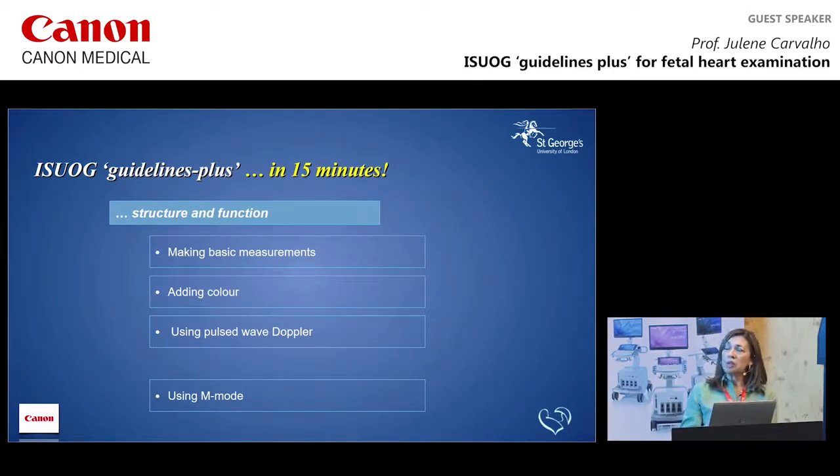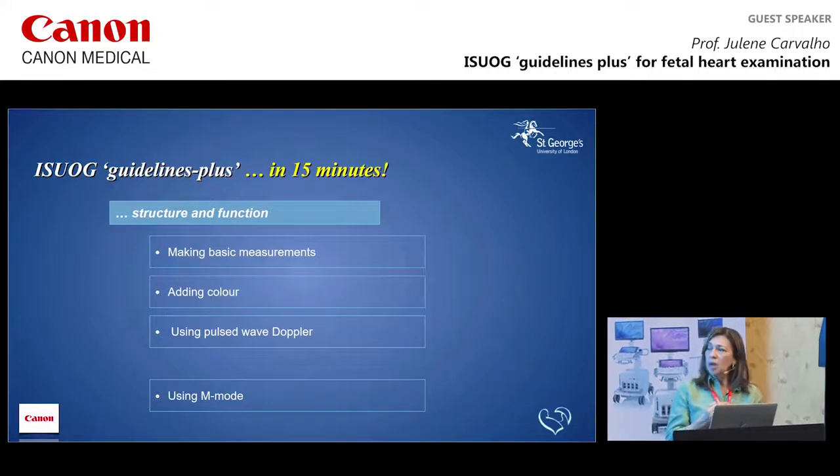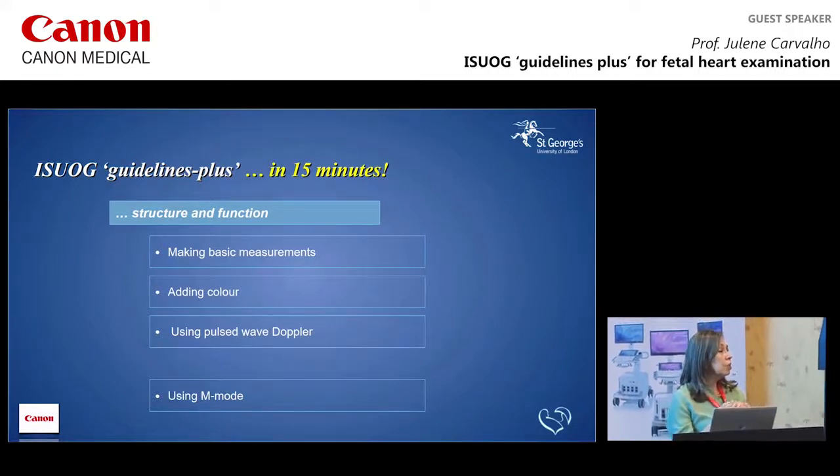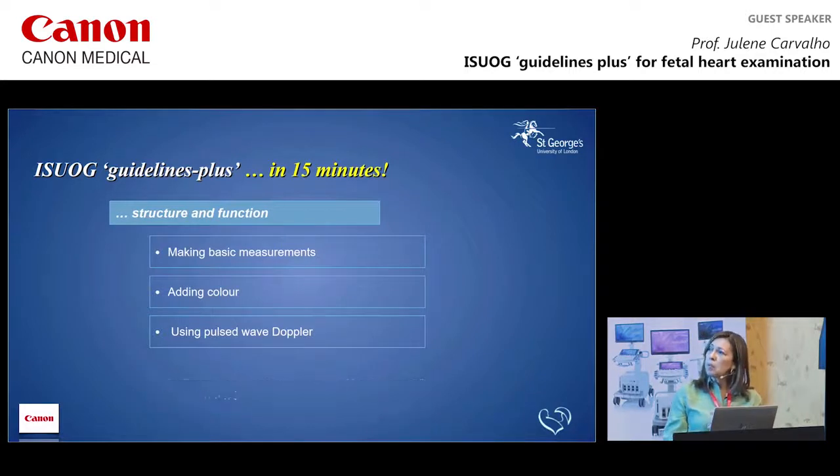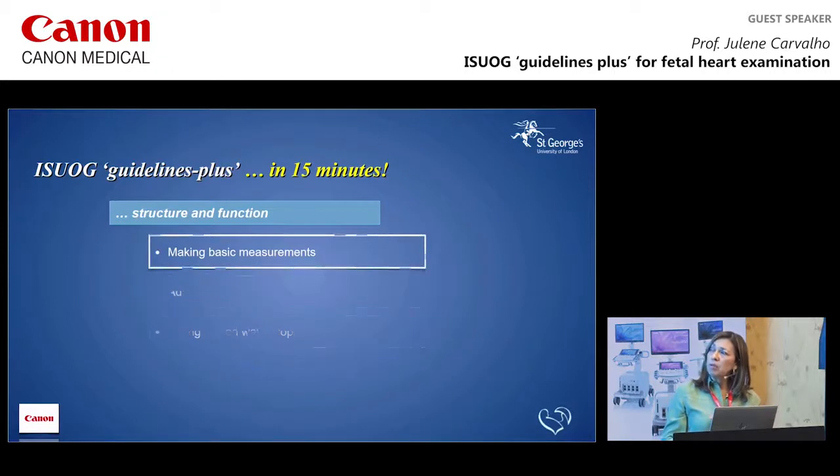If we concentrate on that, we can add to those guidelines by making basic measurements, adding color, which I hope a lot of you are using but perhaps not everyone, and using pulsed wave Doppler to make some assessment of function. M mode is also very useful, but given the time constraints today, I'm going to skip it, and we're just going to go through those 3 very briefly.